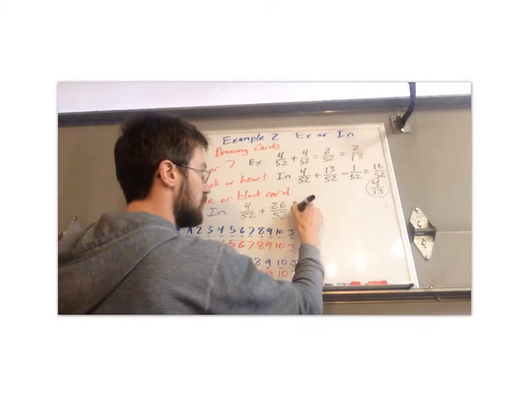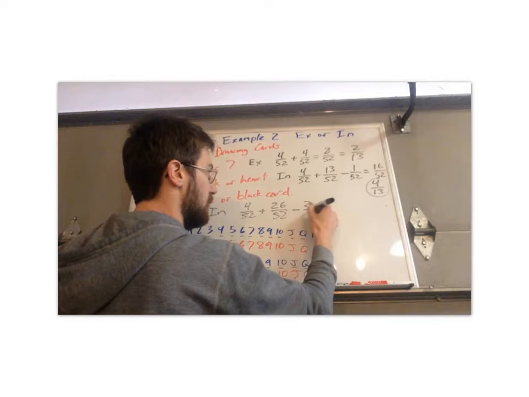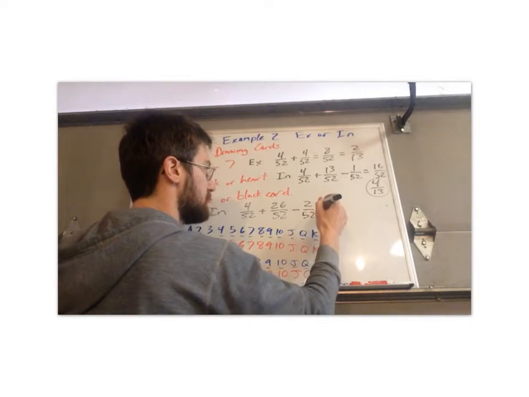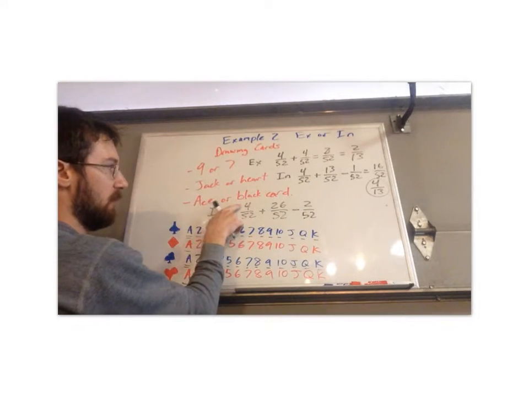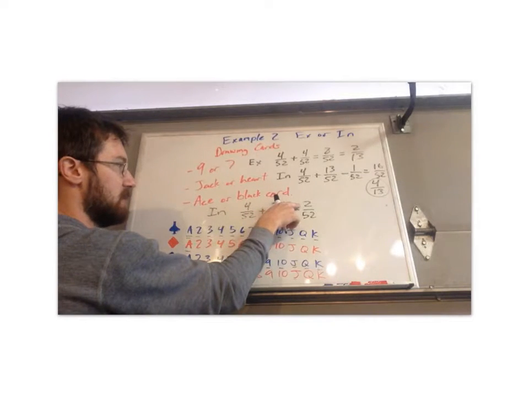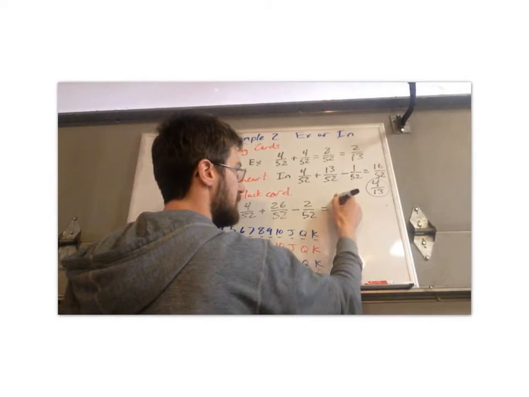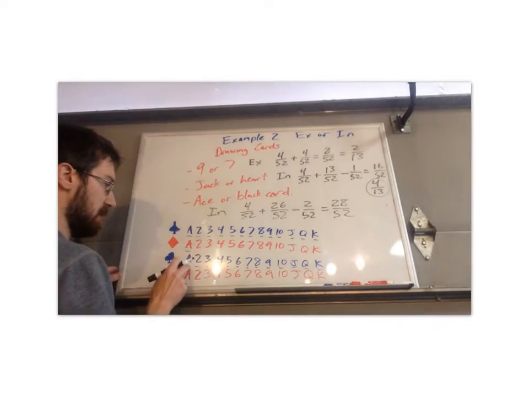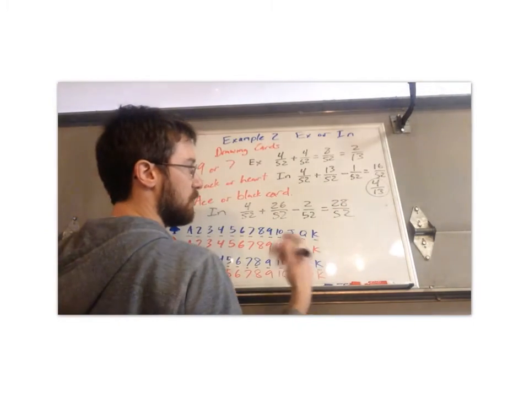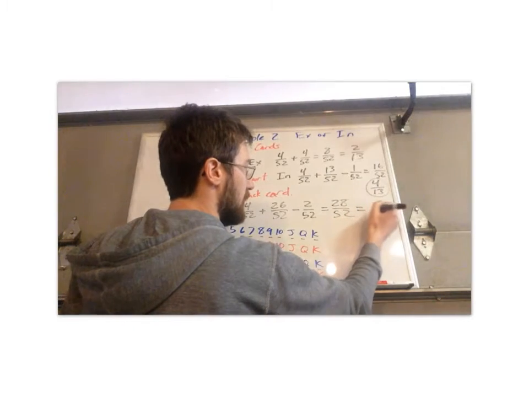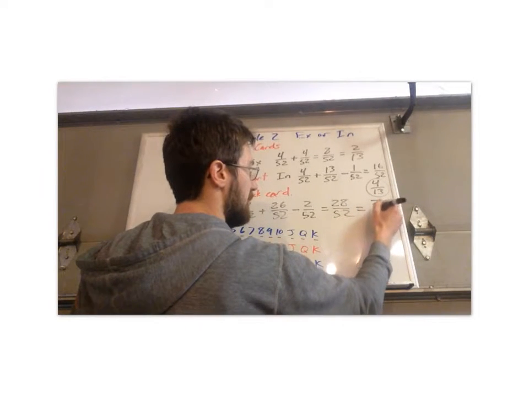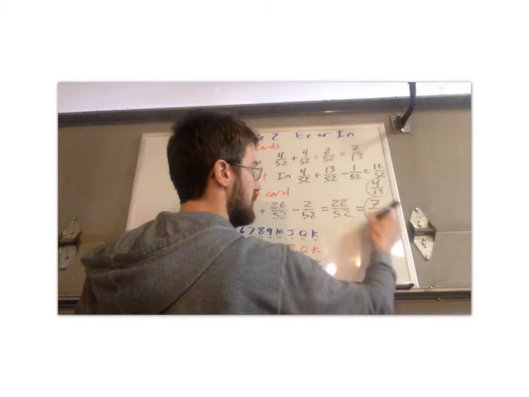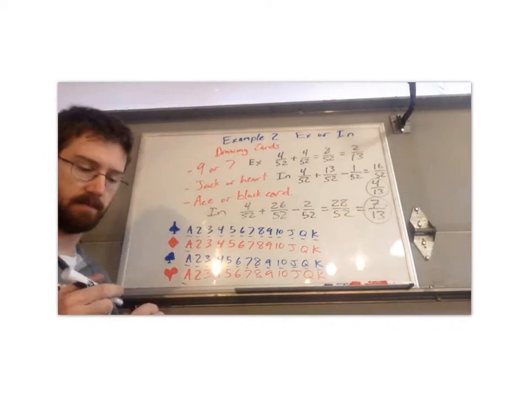So I need to subtract those ones out, so it's only counted once. And now we've got 4 plus 26 minus 2, that's going to be 28 out of 52. Erase my little double lines. And then 28 out of 52, I want to say that reduces to 7 out of 13.